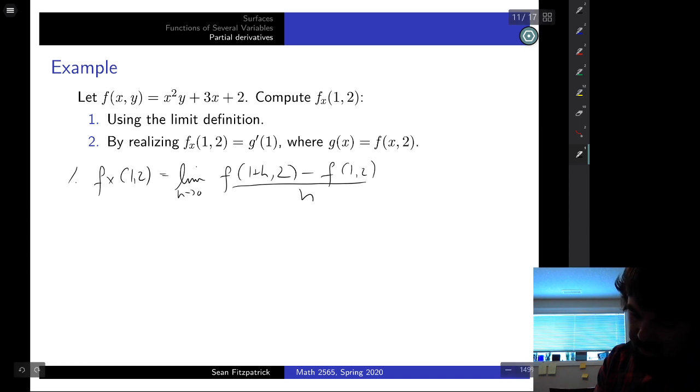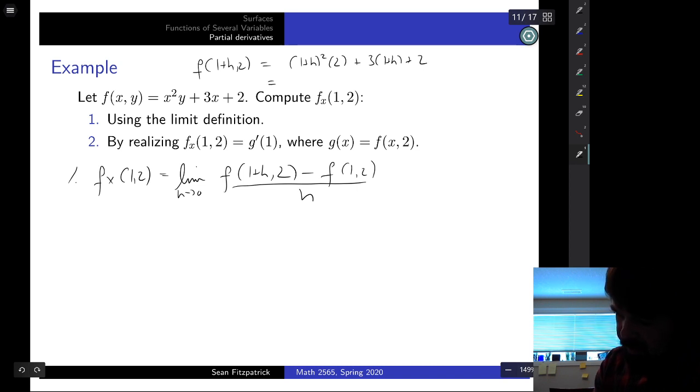And so I come up here and I say, okay, so what is f at (1 plus h, 2)? What do I get? I get (1 plus h) squared times 2, 3 times (1 plus h), plus 2. So that is going to be 2 plus 4h plus 2h squared plus 3 plus 3h plus 2.